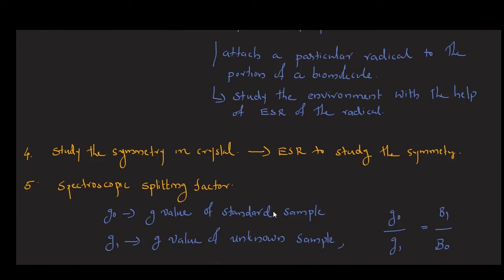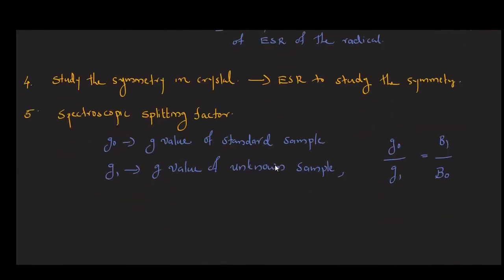So if we know B1, which is used to resonate the unknown sample, and B0, the field used to resonate the known sample, then we can calculate the ratio of G0 by G1 from B1 by B0, and from that the G value of the unknown sample can be determined. These are the applications of ESR.